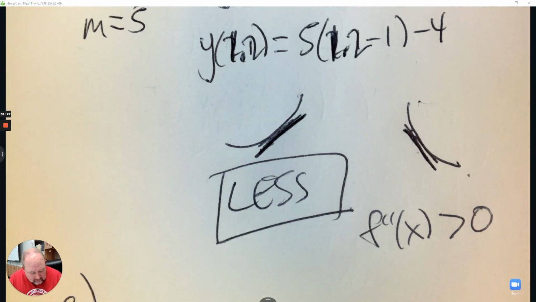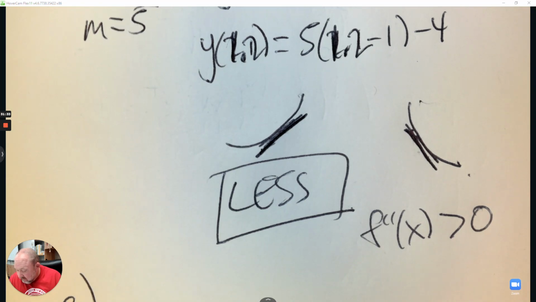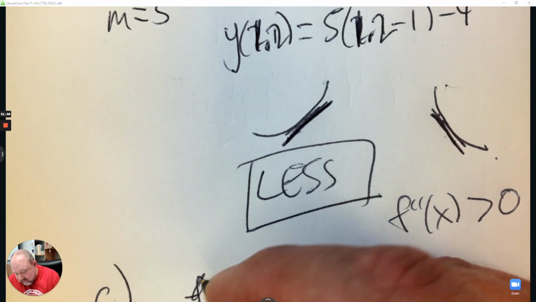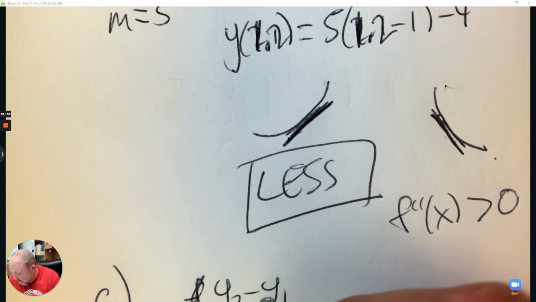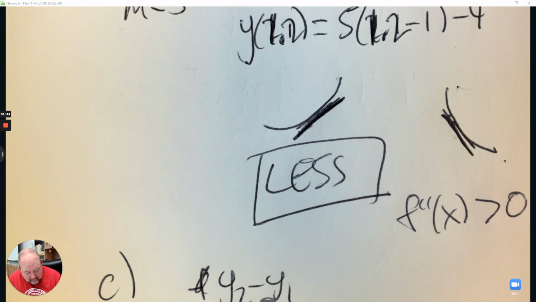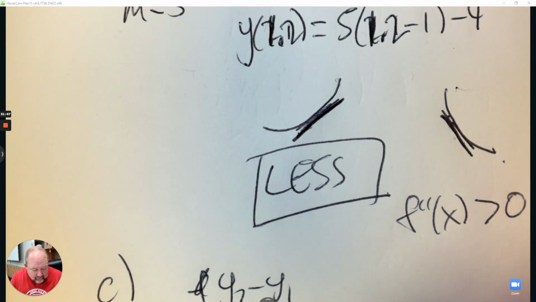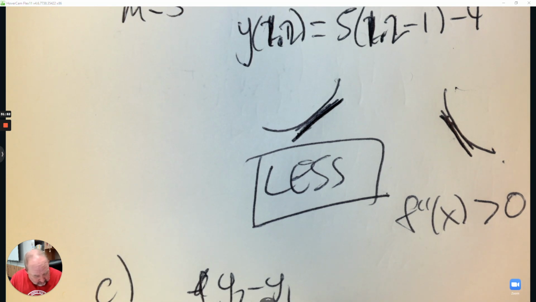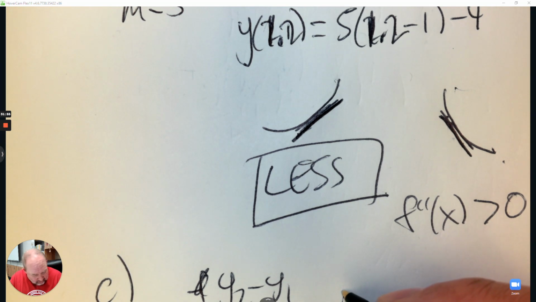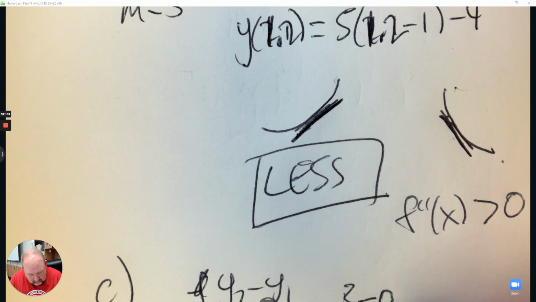C. Find a positive real number r having the property that there must exist a value c between 0 and 0.5 where the second derivative is equal to r, and then give a reason for your answer. So in order to understand that, this is y2 minus y1 over x2 minus x1, but I'm going to do that with the first derivative. So this is the average rate of change for the first derivative. At 1/2, it's 3, and at 0, it's 0.